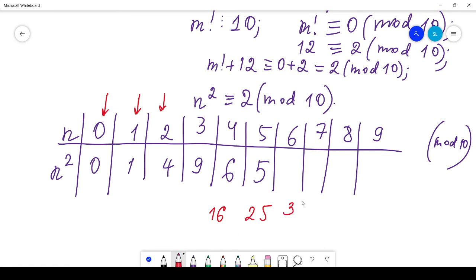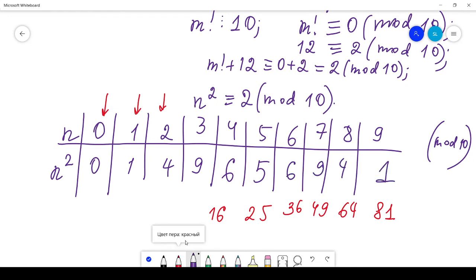This is 36, 49, 64 and 81, and actually we get 6, 9, 4, 1. So as we can see, there are only these numbers: 0, 1, 4, 5, 6, 9. These can be the last digits of every square.